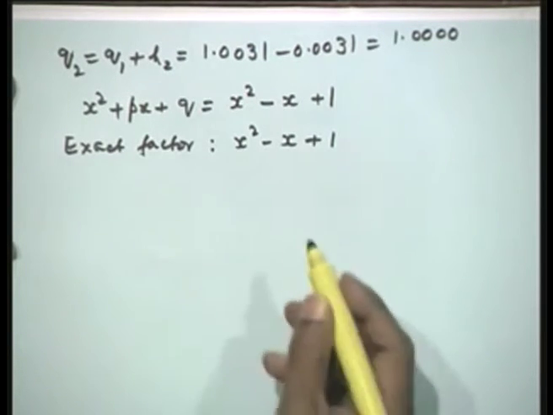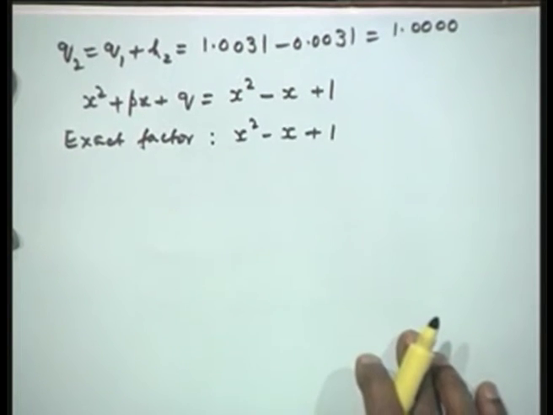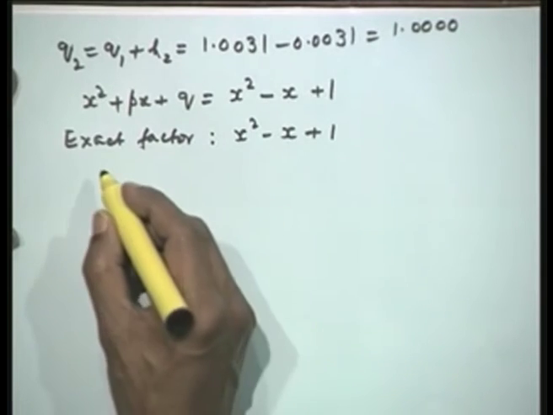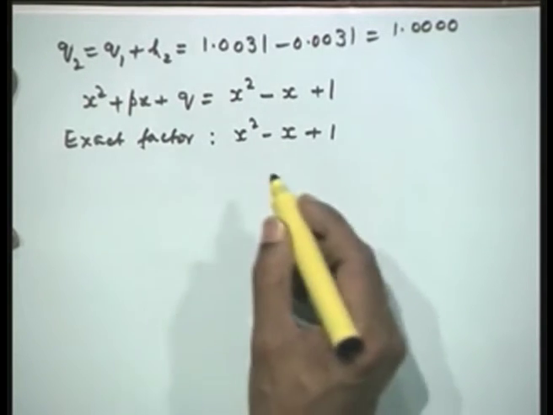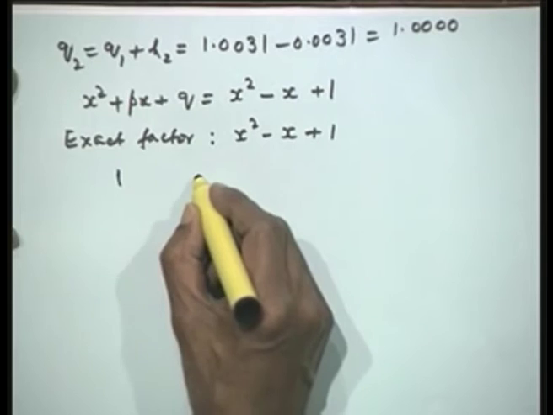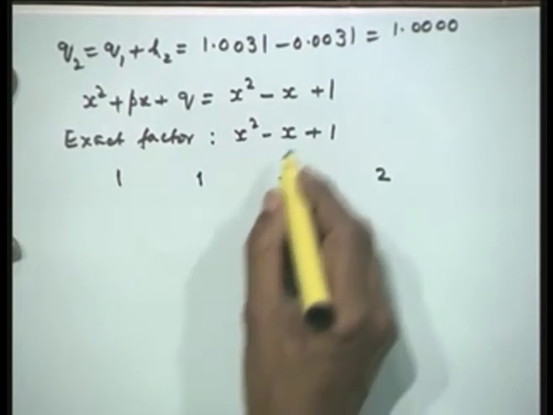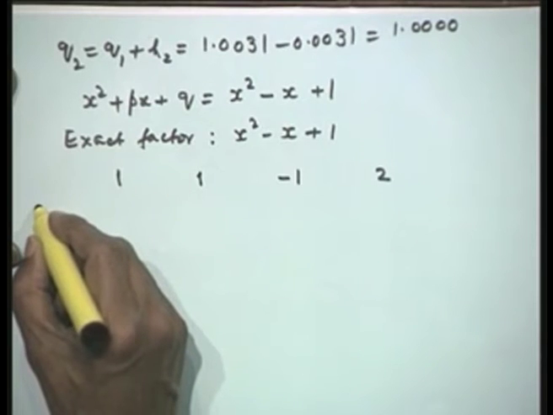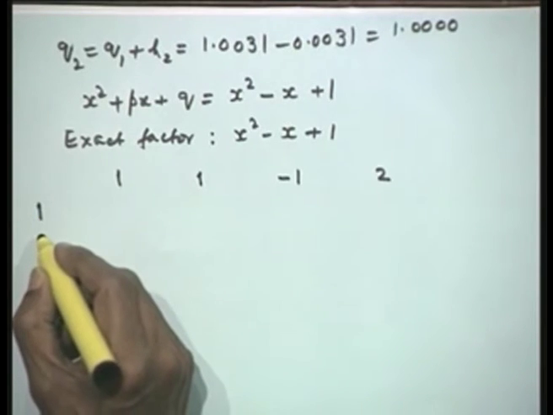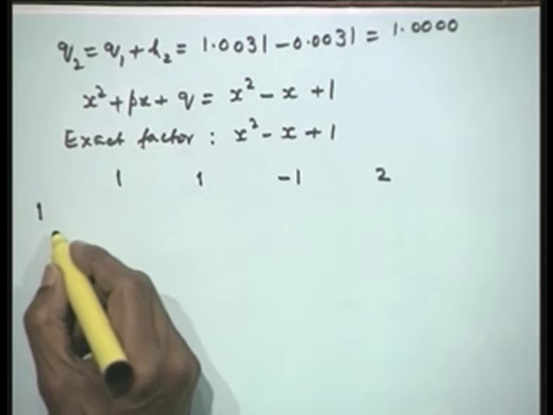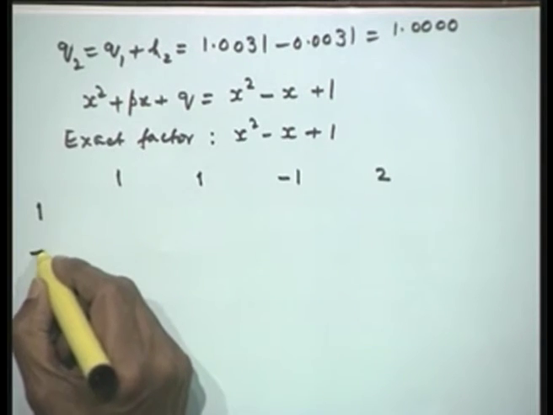Now let us look at the second part of the question to get the deflated polynomial. So let us write down the first step of the synthetic division. So I will have 1, 1, minus 1, 2 the coefficients, then minus p, that is equal to 1, and minus q, that is equal to minus 1.